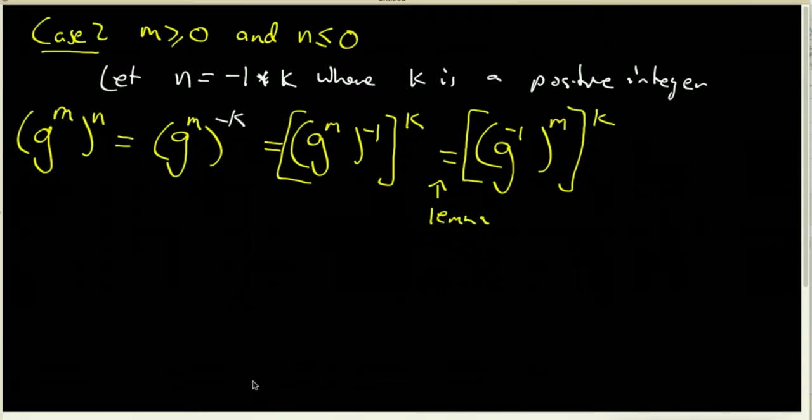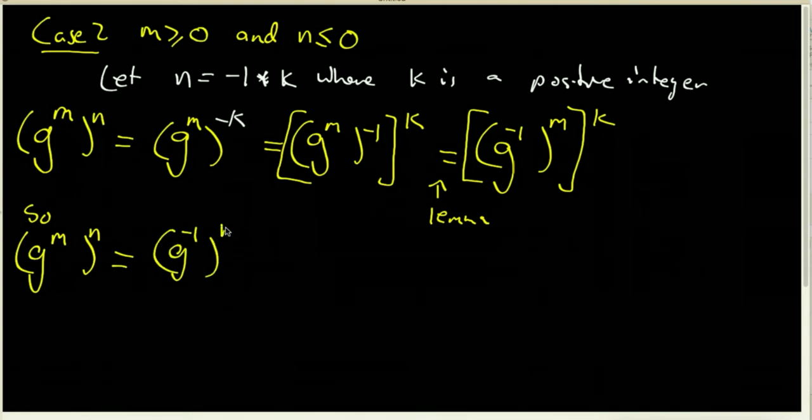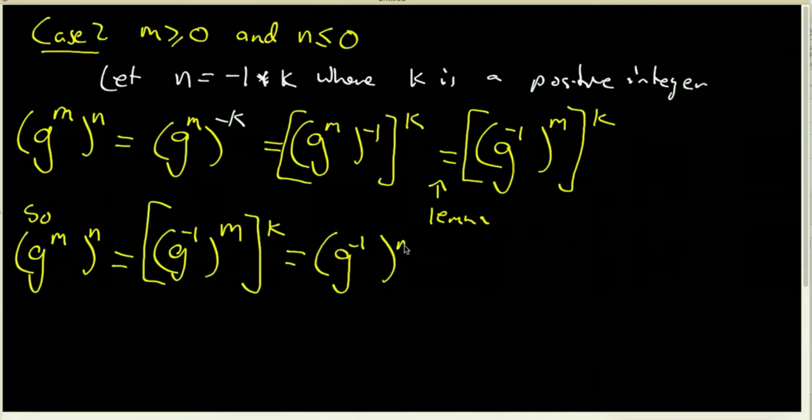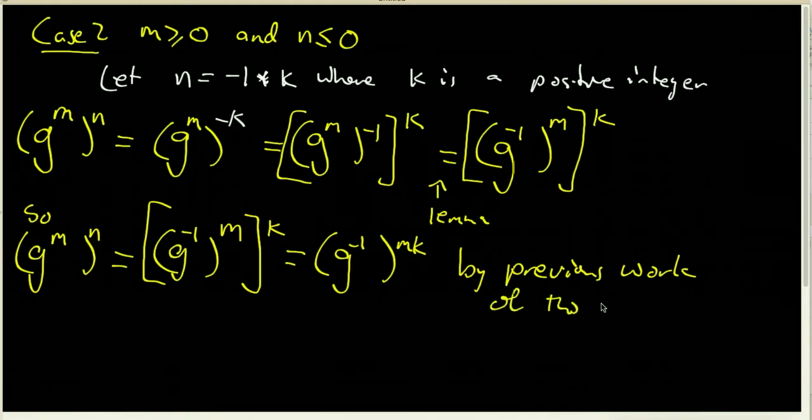So at this point we have g to the m raised to the n is equal to g to the negative 1 raised to the positive integer m raised to the positive integer k. And that's just going to be g to the negative 1 to the mk by the previous part of this particular proof, because m and k are both positive integers.